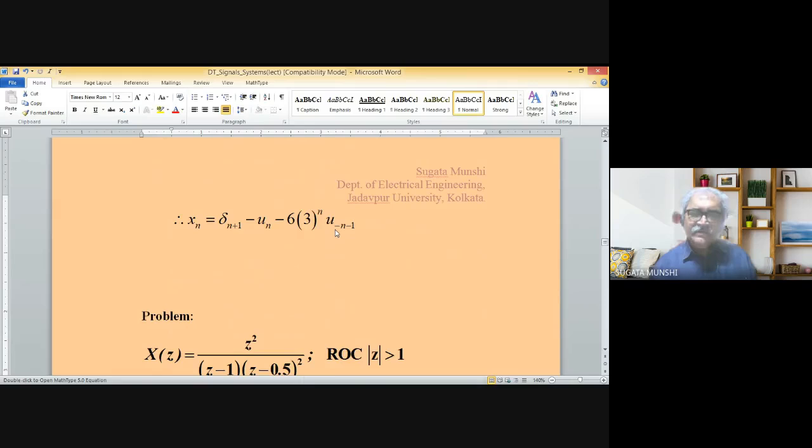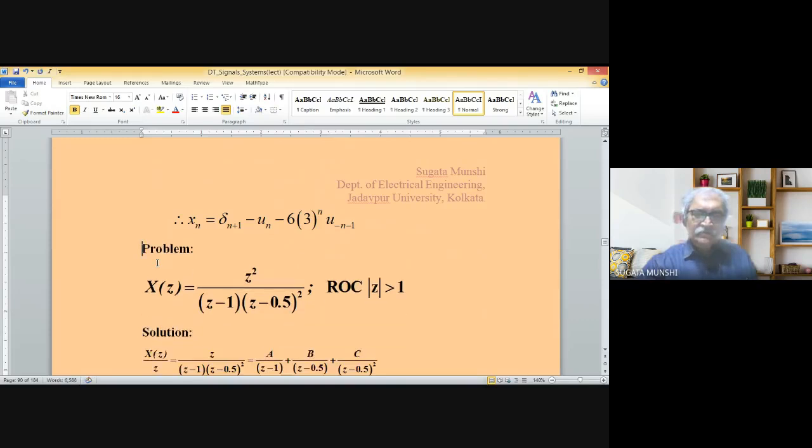And the last one will be an anticausal sequence because magnitude of z is less than 3, so minus 6 times 3 to the power n u(minus n minus 1). These are the three cases. Of all these three cases, never is the sequence purely causal. It is either purely anticausal or a two-sided sequence.